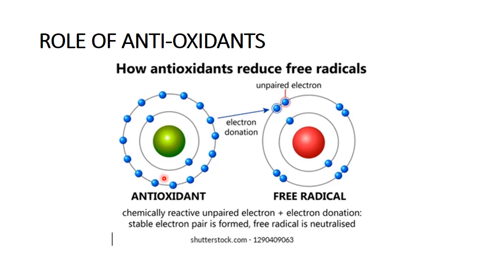So, what antioxidants do is they donate an electron to this unpaired electron, causing the pairing of this and neutralizing these free radicals, and this results in decreased damaging effect of the free radicals. That's why antioxidants play a major role in decreasing the damaging effects of free radicals.